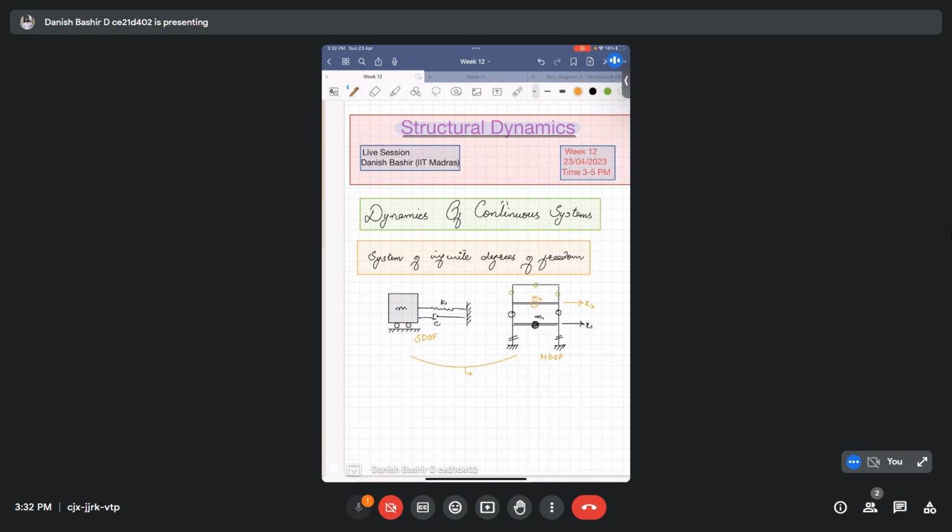Let me write for you here: discrete systems. The mass, stiffness, and damping were lumped at certain points.